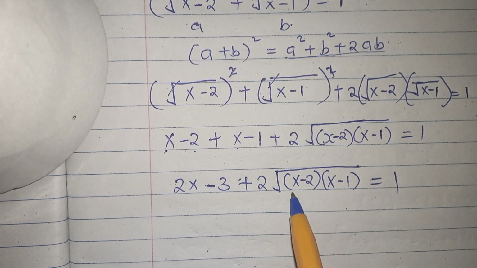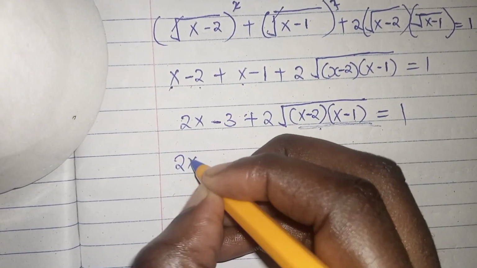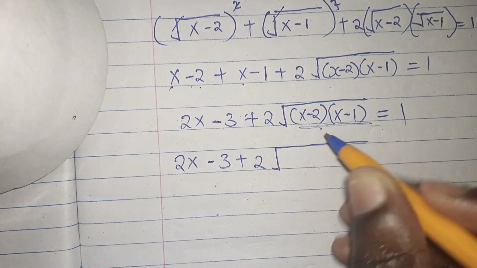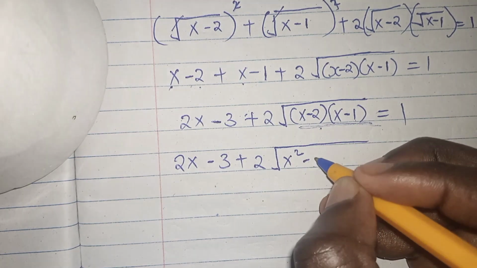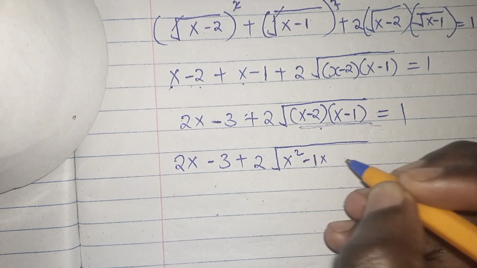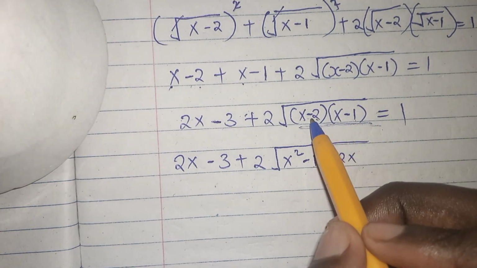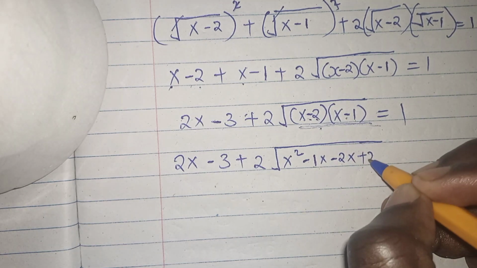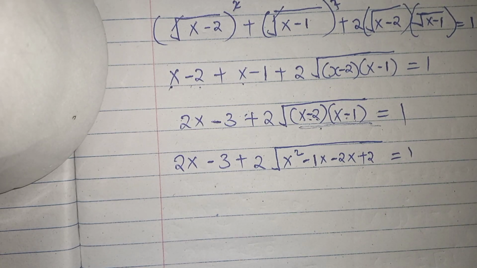Nice. So now let us solve this. Let us open this bracket here. So 2x minus 3 plus 2 square root. So x times x, this is x squared. x times -1 is -1x. -2 times x is -2x. -2 times -1 is +2, is equal to 1, right?